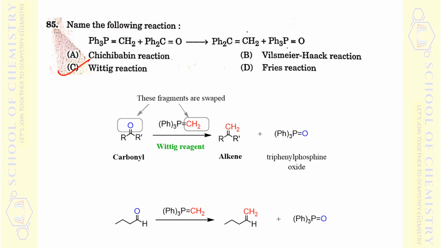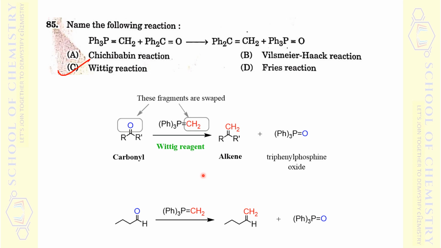In the Wittig reaction, from a simple product prediction point of view, not mechanistic, the Wittig reagent introduces this CH2 group here, and this O group is transferred here, and triphenylphosphine oxide will be the other product. One particular example has been given here for the Wittig reaction. This is the reagent used, and that's how option C is the answer.